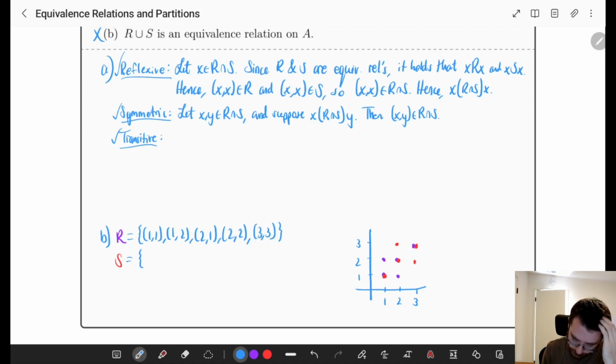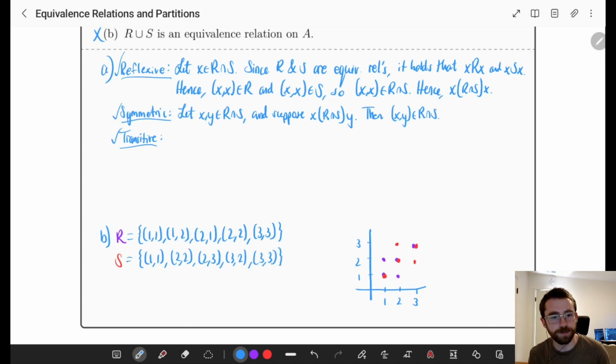S is the equivalence relation. Well, it has (1,1), and then it has these 4, so that's every combination of 2 and 3. Great. Their union, I will say, is not transitive.